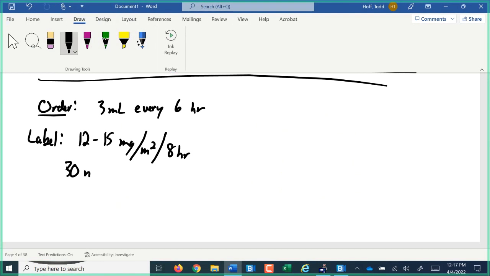Concentration of 30 milligrams in 4 milliliters. Patient: 120 pounds and 5 inches.